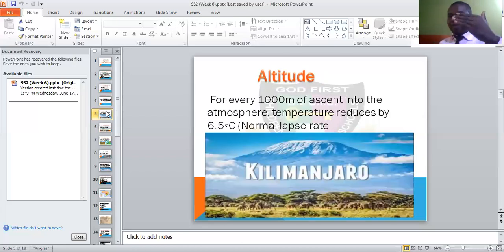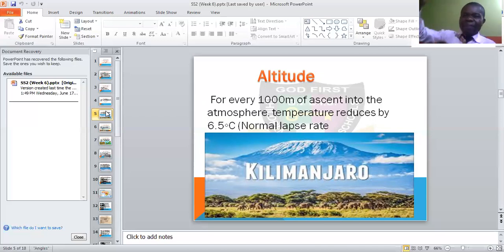Altitude means the height of a place above sea level. Let me put it that way. Then we also know that in our SS1 work, we talked about normal lapse rate. It means for every 1,000 meters of ascent in the atmosphere, there is a drop of 6.5 degrees Celsius in the temperature.